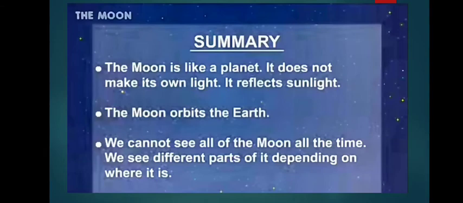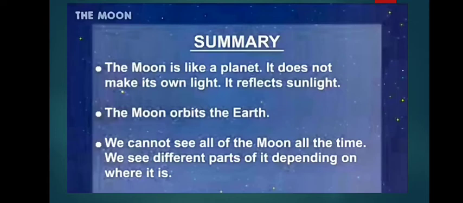The moon is like a planet. It does not make its own light. It reflects sunlight. Okay, it gets its light from the sun. The moon orbits the earth. As the earth revolves around the sun, similarly the moon revolves around the earth.